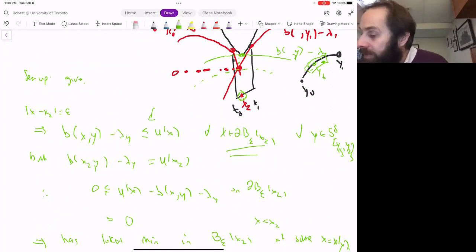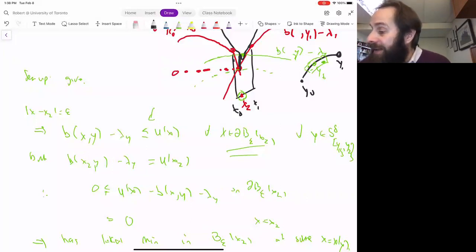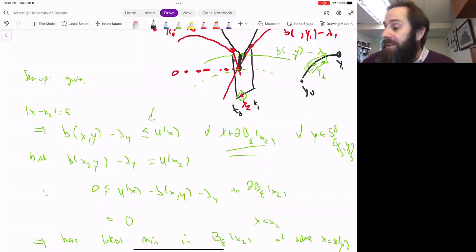One thing that's slightly misleading about my picture is that you can go through this thing. It's just that it agrees at x. So it's not like this thing is tangent to you at x2, but by dropping it down a little bit, it becomes tangent to you at some nearby point x, which is still in the ball of epsilon around x2.